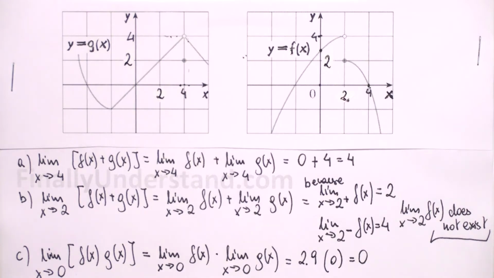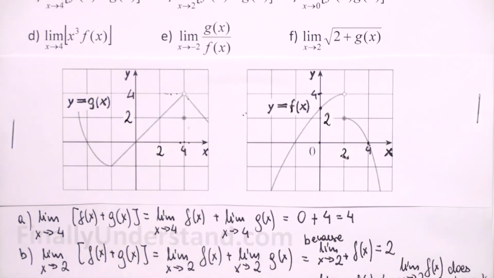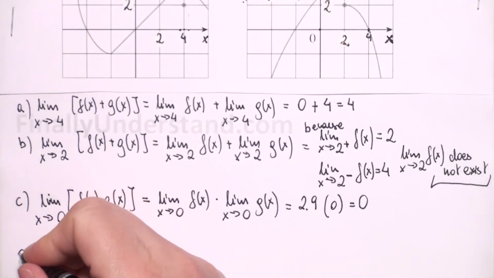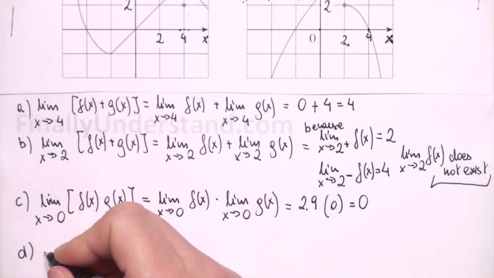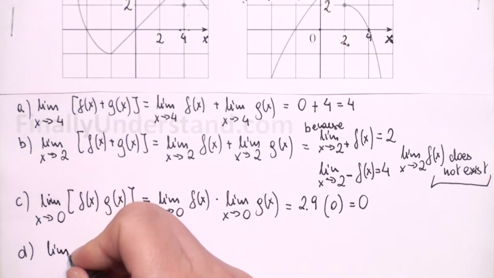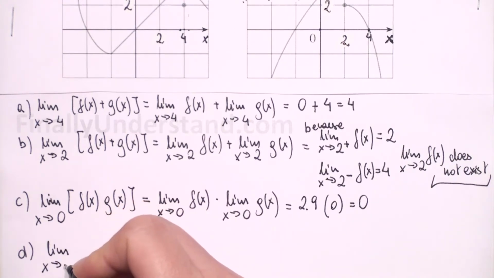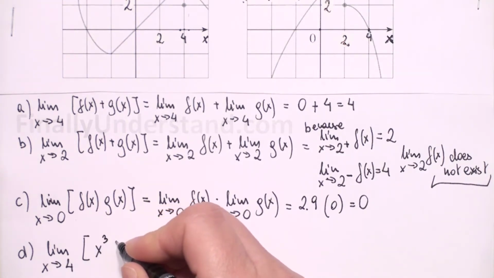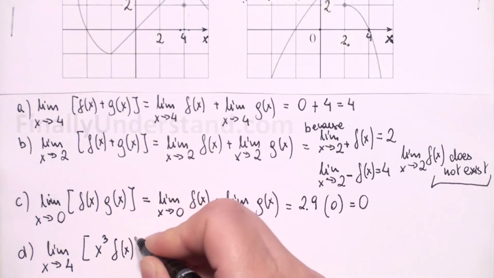Next, we have to find the limit d. Let me copy this. As x approaches 4 of x cubed times f of x.